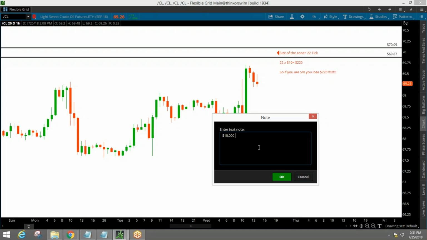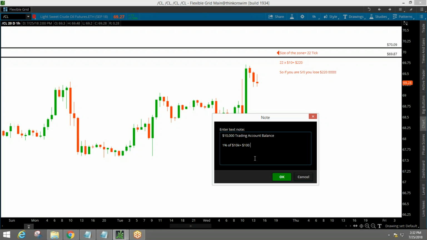That's your account balance. 1% is $100, so that's the 1% rule. 1% of 10 grand. Your max loss that you can take in any one trade, from the depth of your zone, is $100.